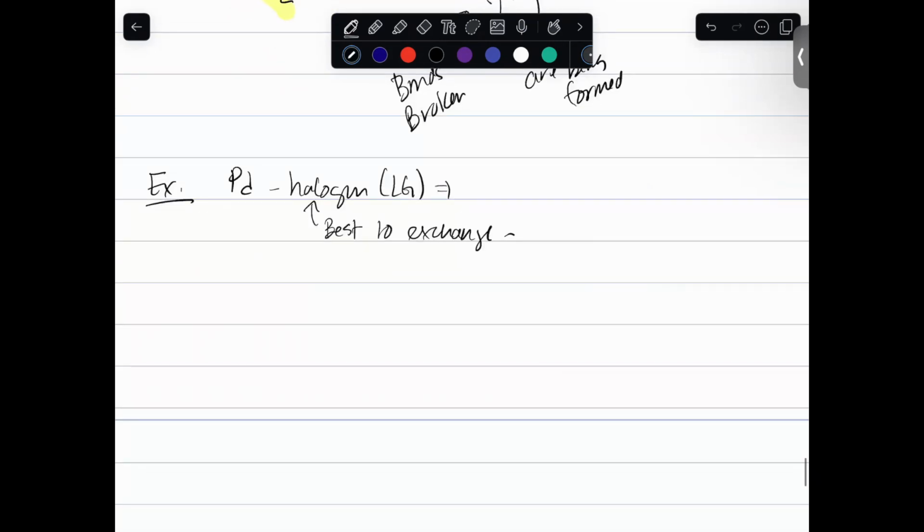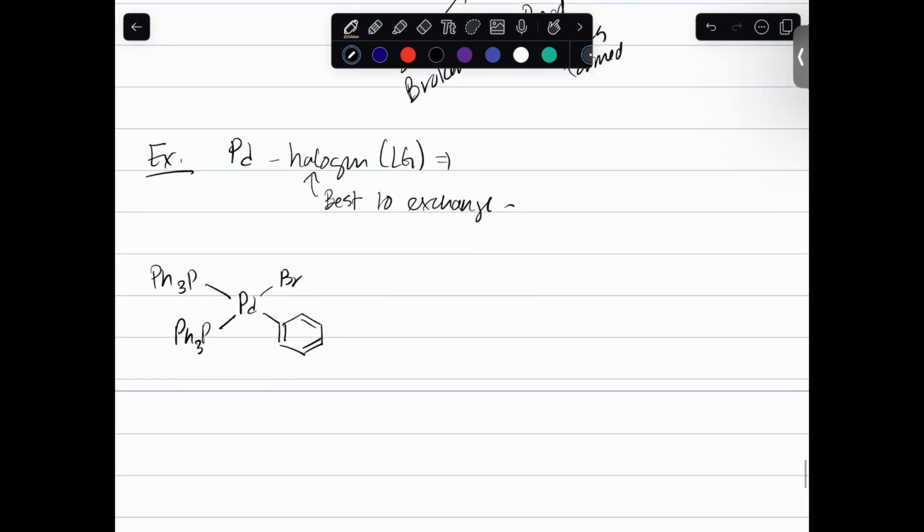So for example, we've got the following molecule. And of course, the following molecule is typically derived through an oxidative addition. Aryl bromide plus our triphenylphosphine palladium system. So this is our oxidative addition product.